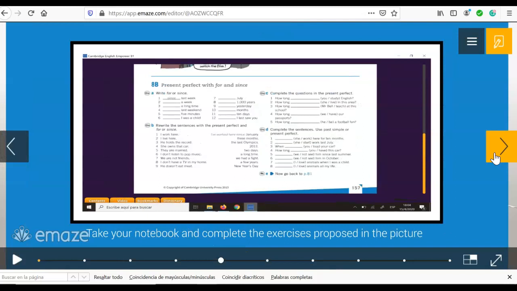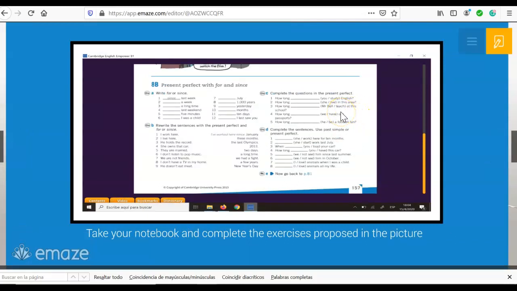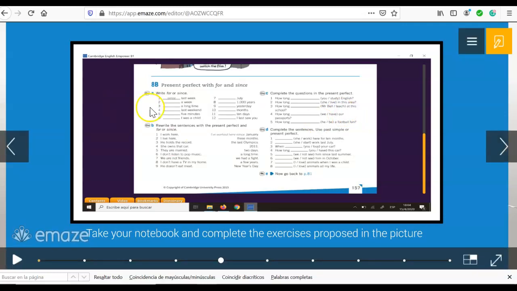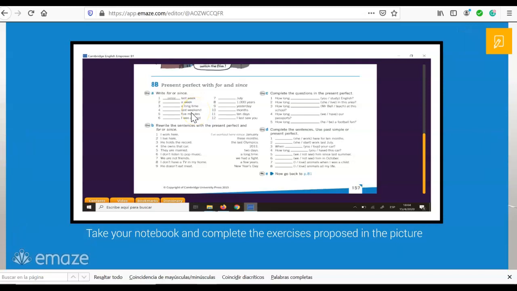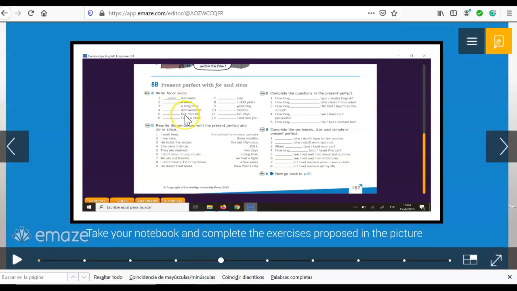Later, you can go to your PDF book or take your notebook and do these activities. You are going to use since and for with these phrases. In the previous images, we have some examples, right? But here you have the practice.